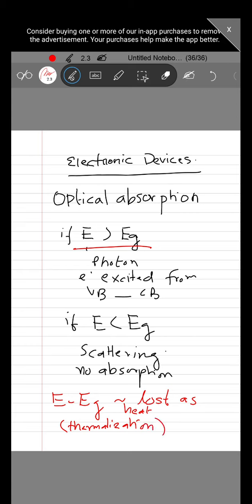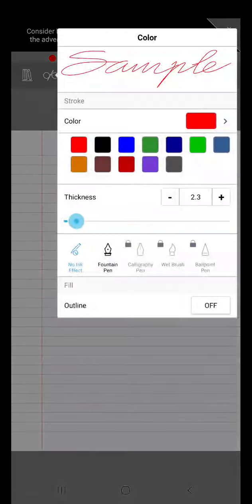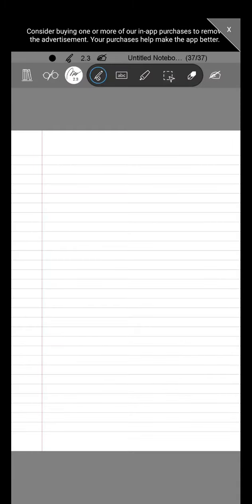Based upon the radiation, we have a law called Lambert's Law.